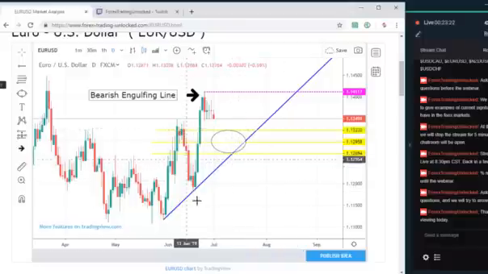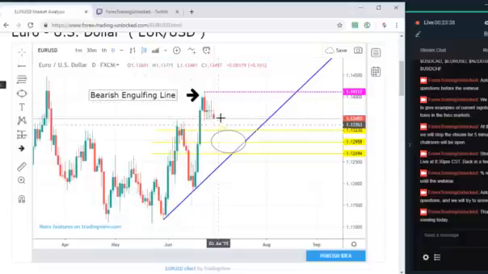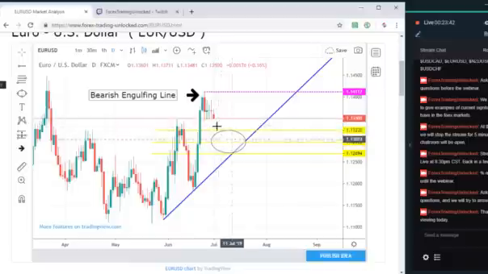We had a higher move high, higher move low, higher move high with this bearish engulfing line. Right now, we're not looking for a bearish change in trend. All we are looking for is a bearish short-term move, a short-term corrective move. That would mean that if this sell signal is right, it puts the market down into our target range right here.